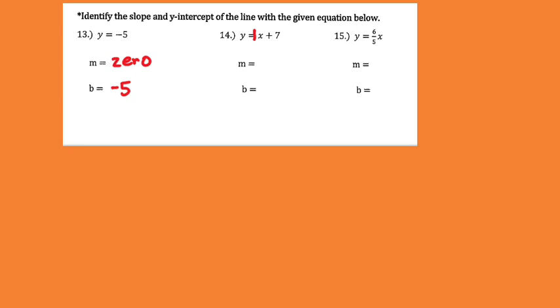On 14, I can see that I have 1 in front of the x, so my slope will be 1, or 1 over 1, either way, and my y-intercept would be 7. On 15, the slope is 6 over 5. And there's no y-intercept, or the y-intercept would be 0. We would call this a direct variation.